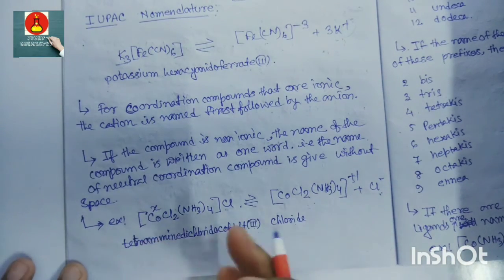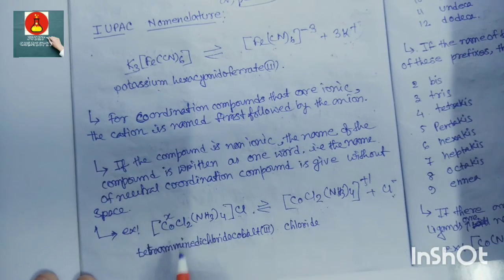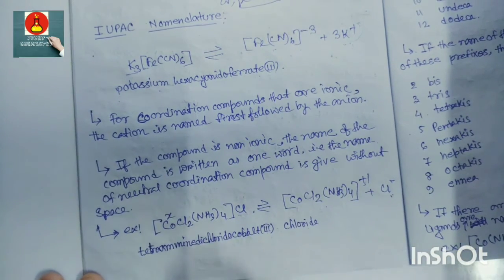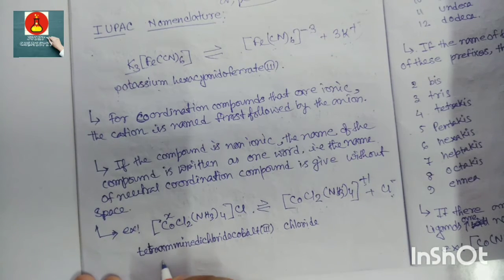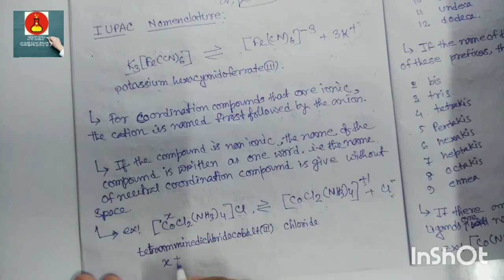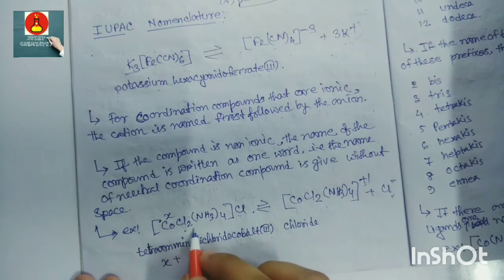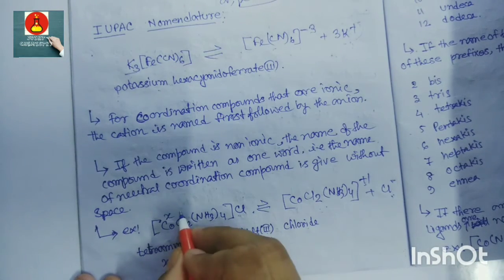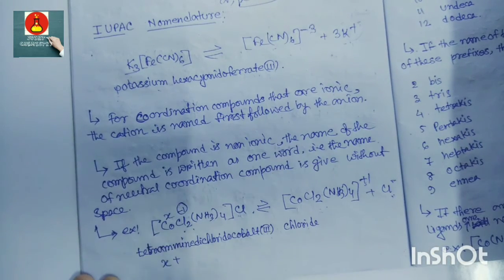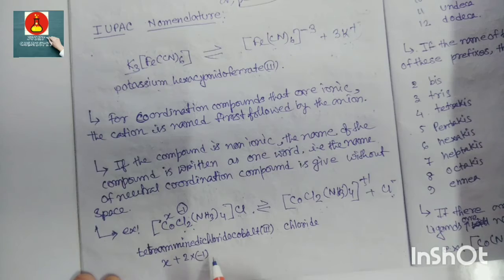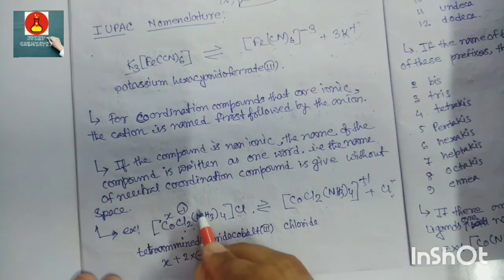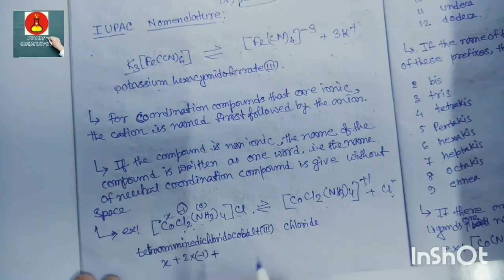Okay, so which I already told you, how can we calculate the metal charge. So again we can do this, let's do it. So this is x plus, there are two chlorine ligands, so each of them contributes -1 charge, right. So there will be 2 into -1, plus it is a neutral ligand, so it will contribute 0 charge.